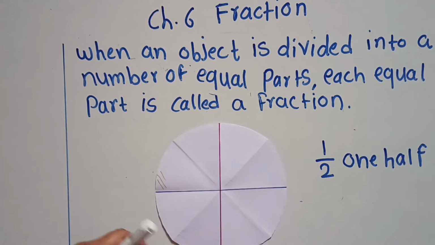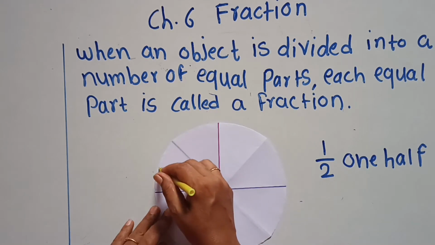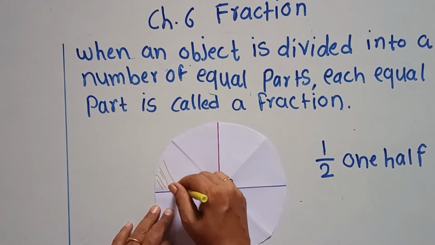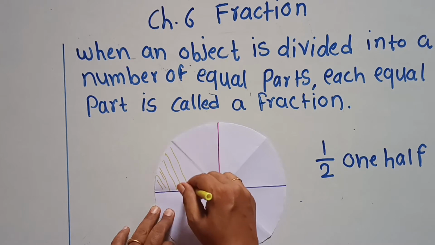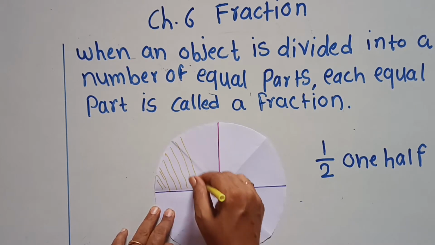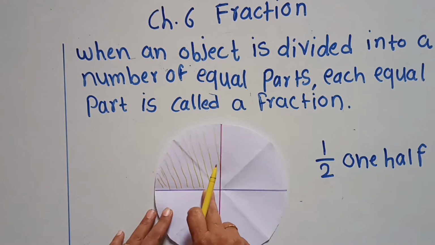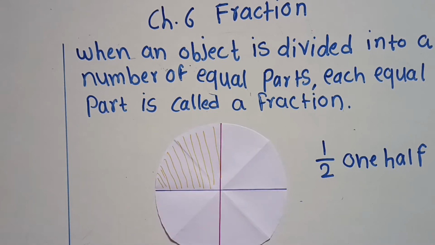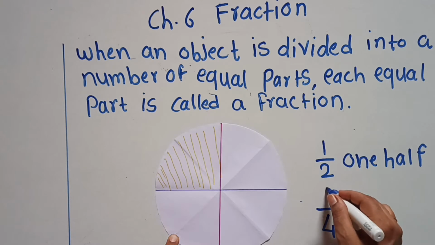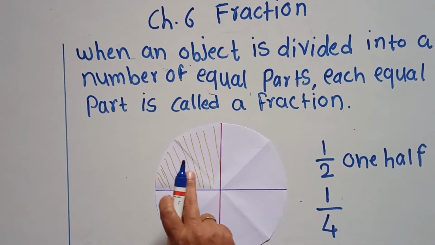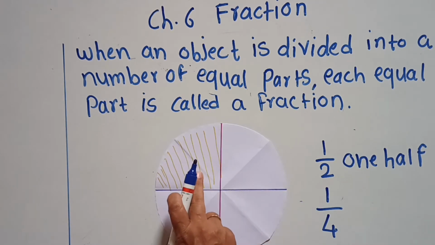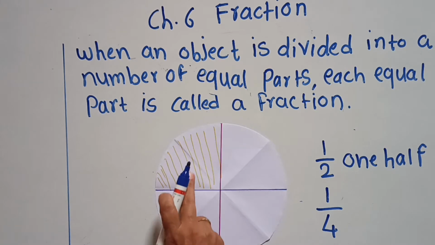And if I shade one part of these 4 equal parts, now tell me children, what is the fraction? See, total number of parts are 4 and one part is shaded. So this fraction is called 1/4.